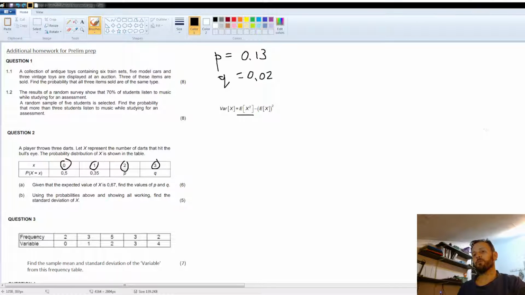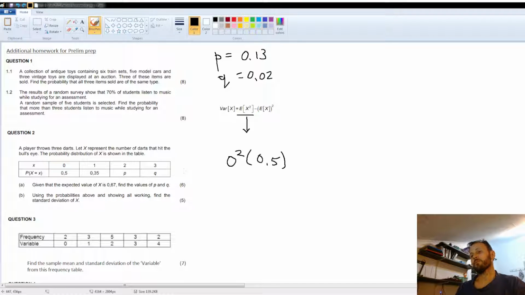So you square the numbers, but then you still use the formula for expected value, which was what, if you recall? You add everything up and times by its associated probability. So we're going to do the exact same thing we did the previous time, where you add up every value multiplied by its associated probability, except this time we're going to square everything. So let's do that. What's this one? It's 0 squared times its associated probability, which is 0.5. Do you notice I've taken the 0 and I've squared it because it's the expected value of x squared. But I have not squared the 0.5 because that is a probability.